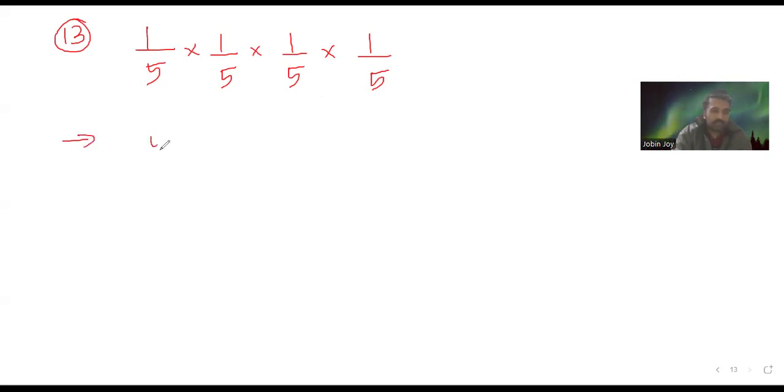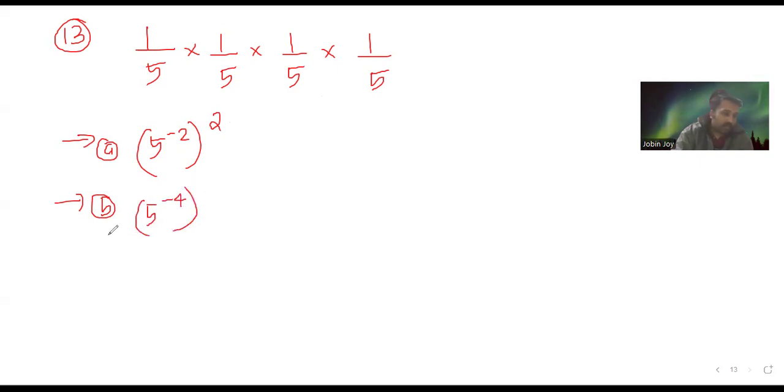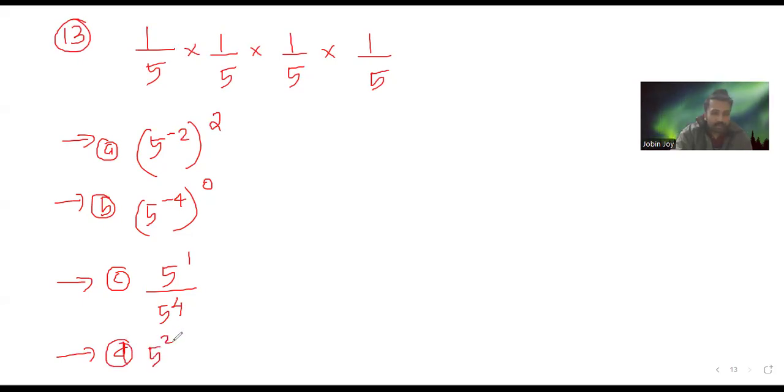First one is 5 raised to minus 2, the whole raised to 2. This is option A. Then option B, 5 raised to minus 4, the whole raised to 0. Then option C, 5 raised to 1 divided by 5 raised to 4. And finally, option D is 5 square into 5 raised to minus 6.